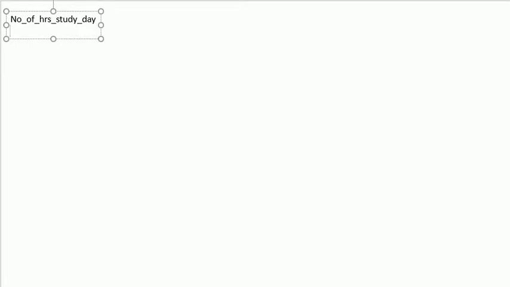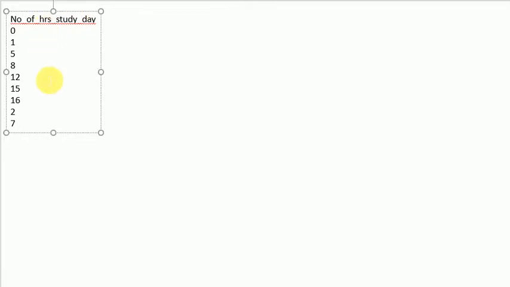In one day, how many hours does one student study? Now we have data points something like 0, 1, 5, 8, 12, 15, 16, 2, 7. So these are the kind of data points which we have.